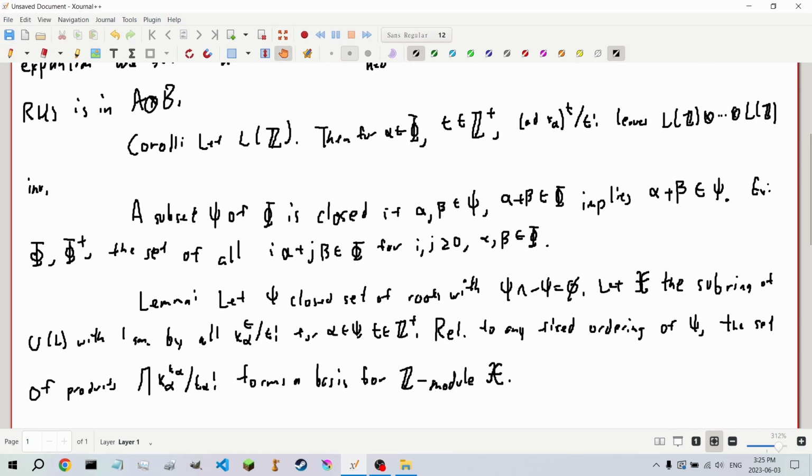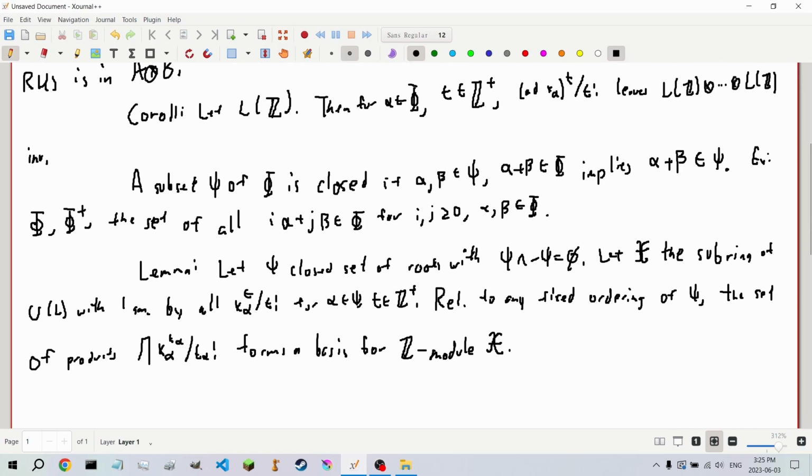Now the proof. We know the F-span of the L alpha for alpha being in our set is a subalgebra.